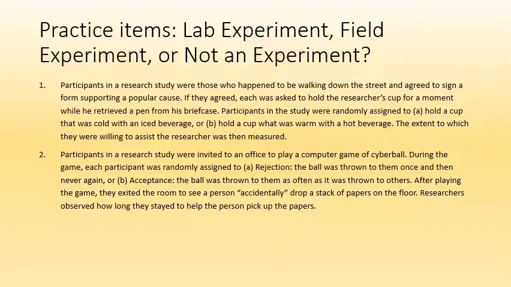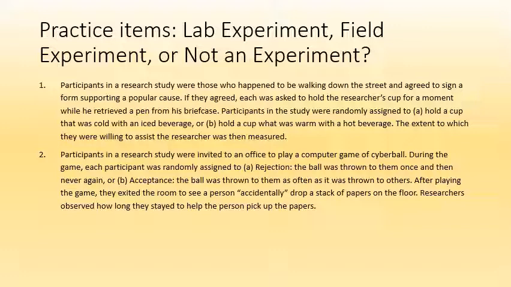The second example, participants in a research study were invited to an office to play a computer game of Cyberball. During the game, each participant was randomly assigned to A, a rejection condition in which the ball was thrown to them once and then never again, or B, an acceptance condition in which the ball was thrown to them as often as it was thrown to others.